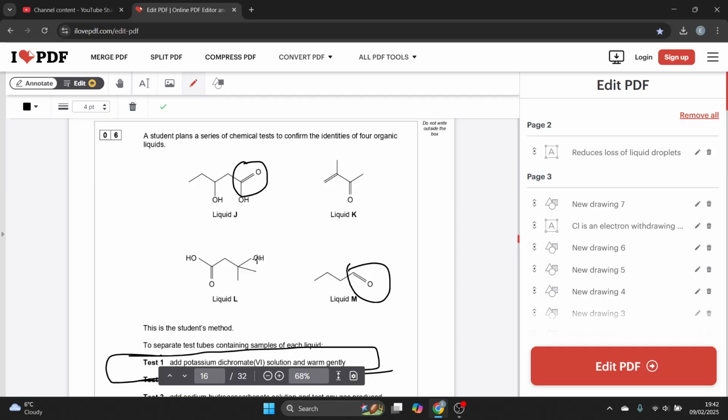It is going to be J and M. Because J and M, you put carbon here, they both got J has an OH group, and that is a primary alcohol. M definitely can as well.